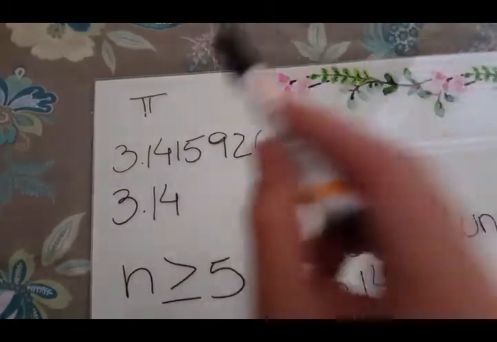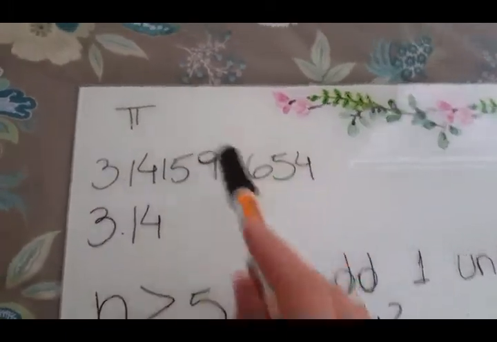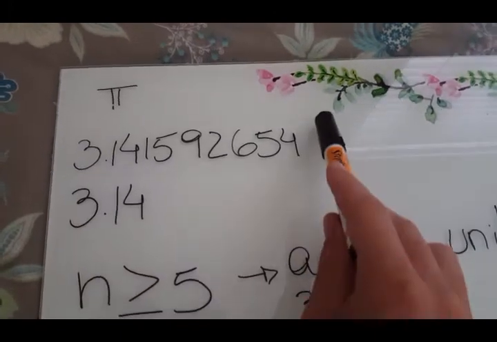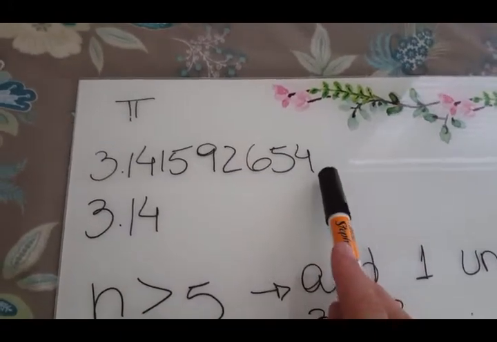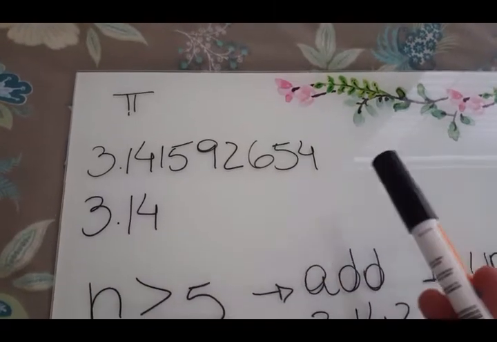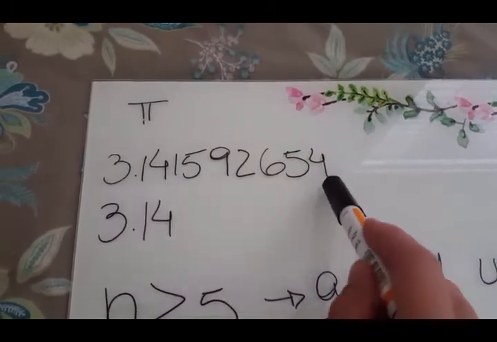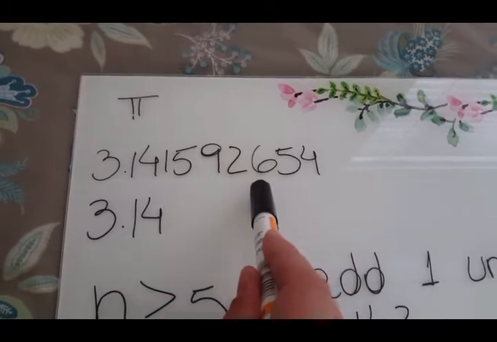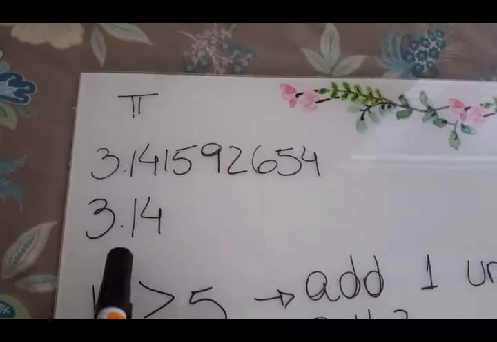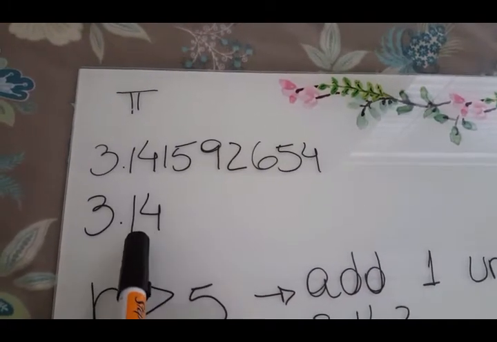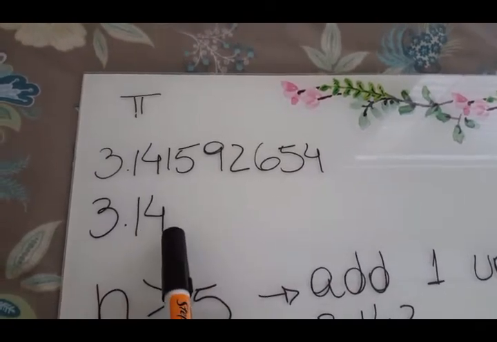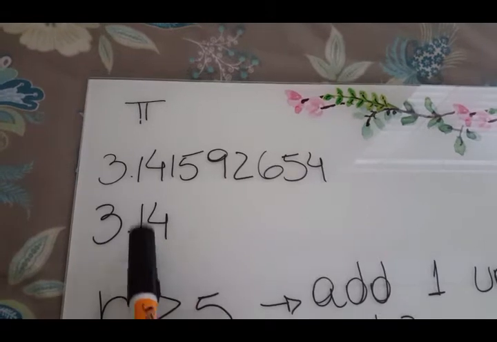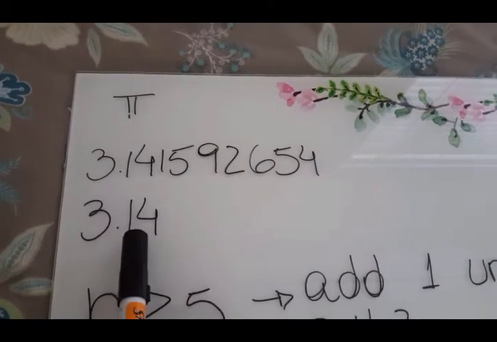If I type pi on my calculator, this is the output I'll get. It's a very long number, and this number has a level of accuracy. If I want to round this number to 2 decimal places, so this is my rounding, this number is a little bit less accurate.